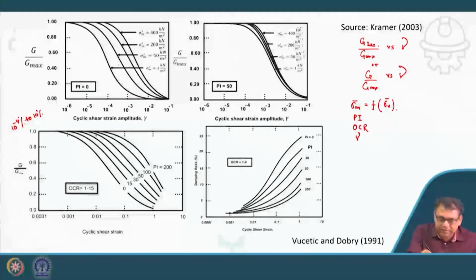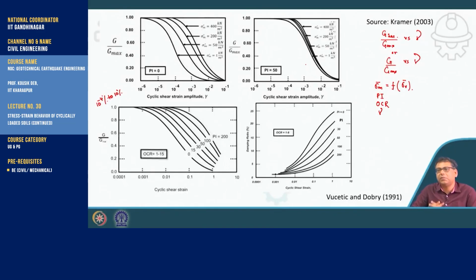You can see the difference is very significant in case of lower PI value, but in case of high PI value, this difference is not that significant. So if your PI value is very high, then the effect of effective overburden pressure, or the stress effect, is not that significant as compared to the case where the PI value is very low.